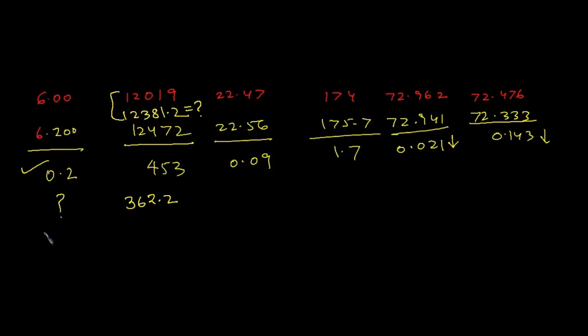So what we have to do is multiply 362.2 by 0.2 divided by 453. So what do we get? 362.2 into 0.2 divided by 453 is 0.159, actually 0.1599.